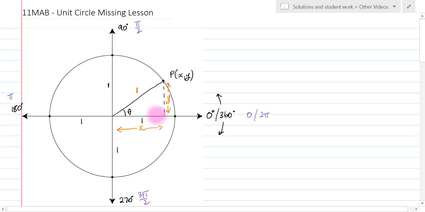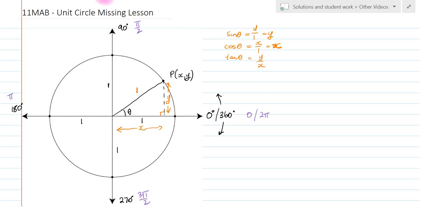If we use a bit of trigonometry within this right angle triangle, you'll see that sine of theta is equal to opposite over hypotenuse, which is y over 1, which just equals y. And cos of theta is equal to adjacent over hypotenuse, which is x over 1, which just equals x. And then tan of theta is equal to opposite over adjacent, which is y over x.